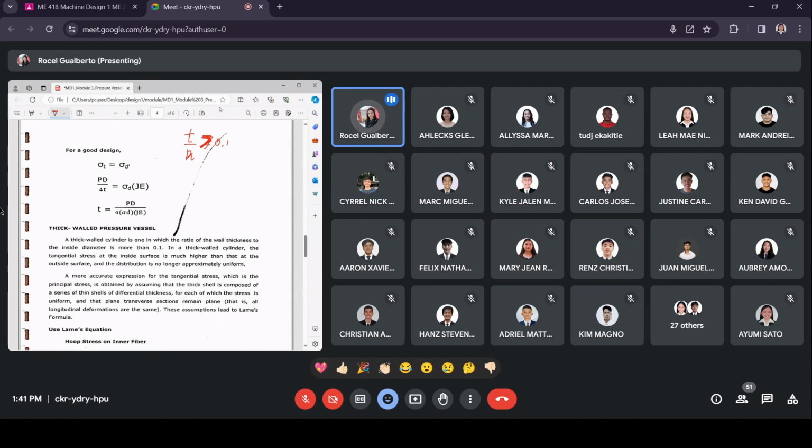Ang ginawa po doon, ito po yung ating cross-section, ito po yung thickness, this will be divided into tiny strips. Yung tiny strips po kasi na yan, yan po yung ginagamit po natin for a thin wall.